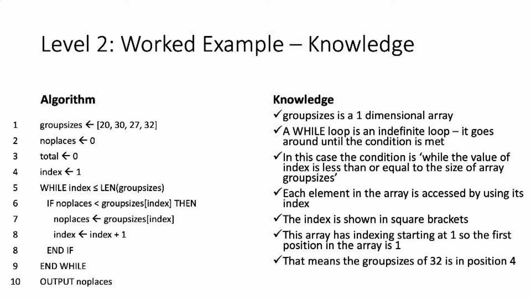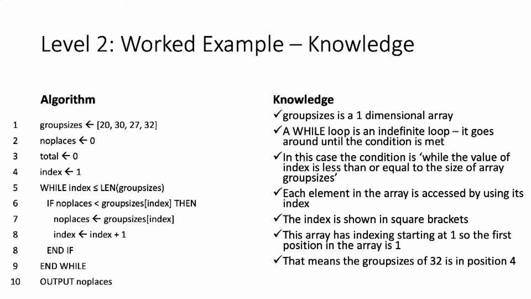It goes around until it meets its condition, in which case it will finish. In this case, the condition is while the value of index is less than or equal to the size of array group sizes. So in other words, while the index is less than or equal to however big that array is. Each element in the array is accessed by using its index position. The index is shown in square brackets.